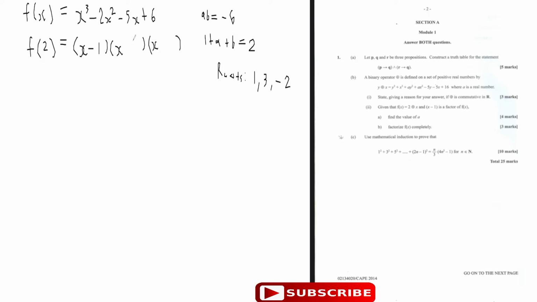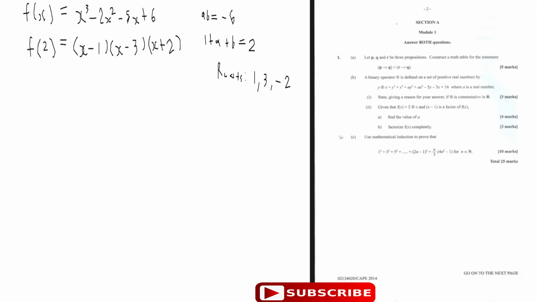It's going to be x minus 3 times x plus 2. That is it. And you can check it. You add up the roots: 1 plus 3 plus minus 2 should give you 2. The product of the 3 roots will give you minus 5.